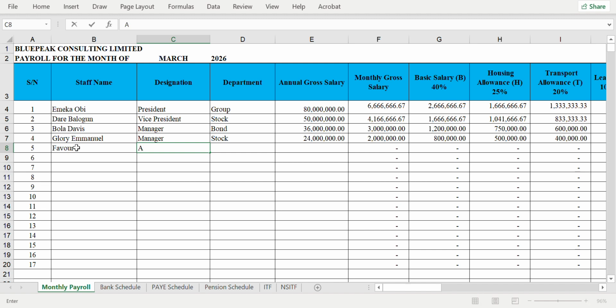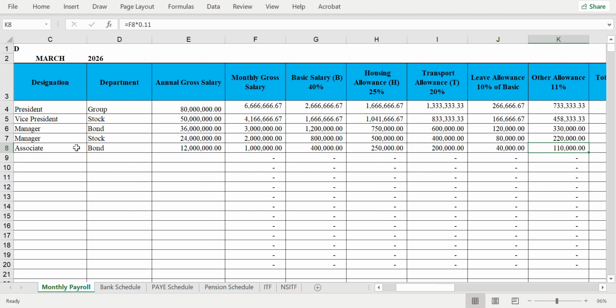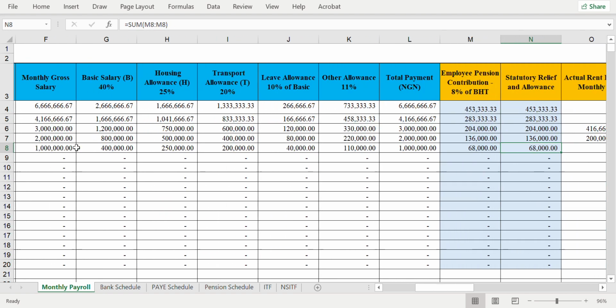Favor is an associate in bond department. And she earned 12 million. So every year she earned 12 million. Every month she earns 1 million.